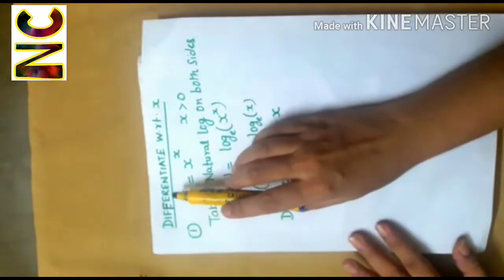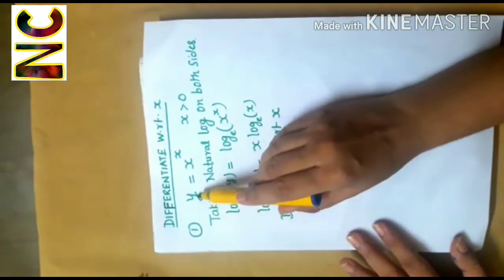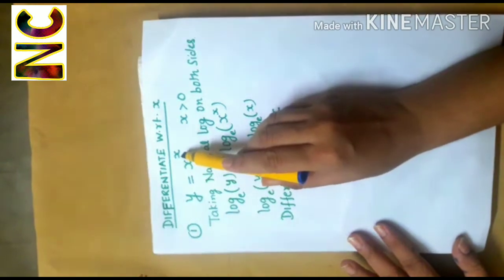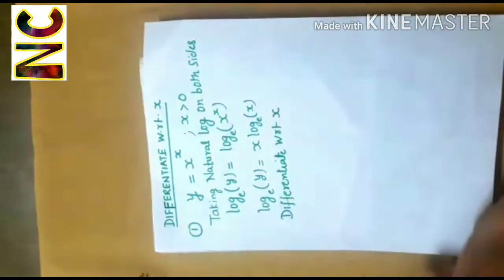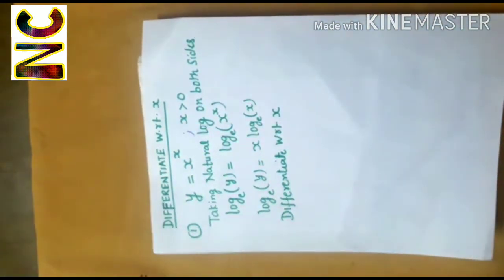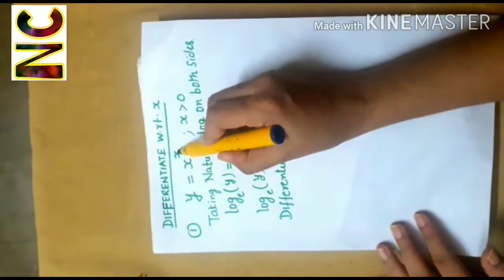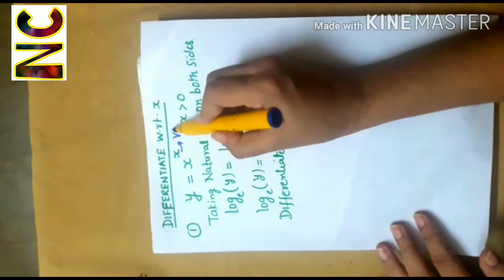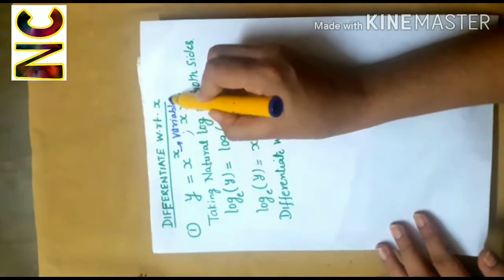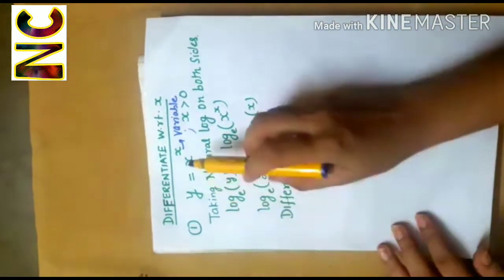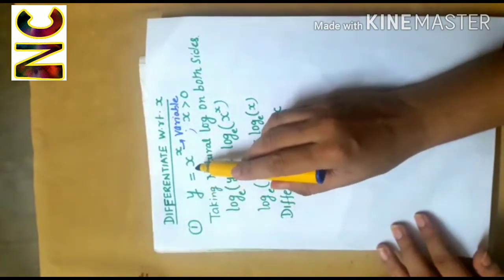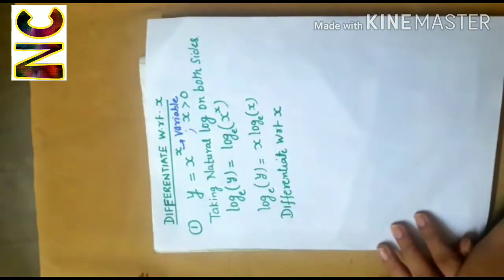Let's take one example through which I'll explain the process of logarithmic differentiation. The question is: differentiate with respect to x the function y equals x raised to the power x, where x is greater than 0. Here the exponent is a variable, so I'll make use of logarithmic differentiation.